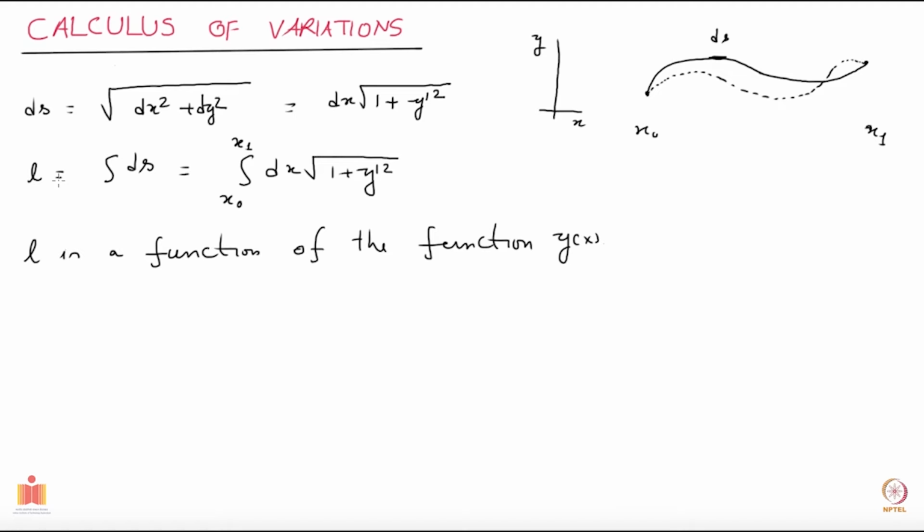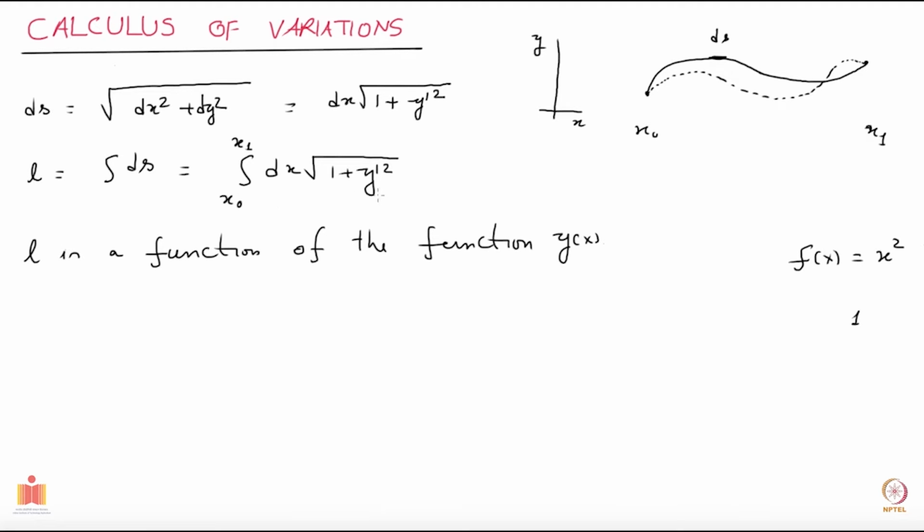It's just like for ordinary functions, when you give a number, the function produces a number. Let's say f of x is x squared. You give a value of x, let's say x is 1. Then what you get is again a number back: x squared is 1, so f of x is 1. So you input a number, you get a number. But here L has a different nature.